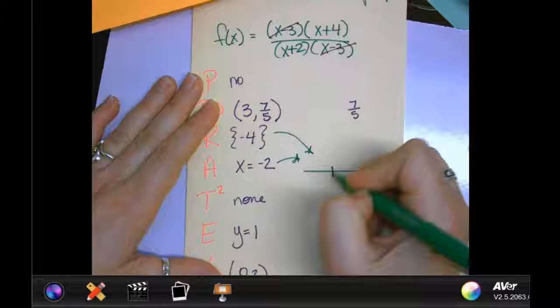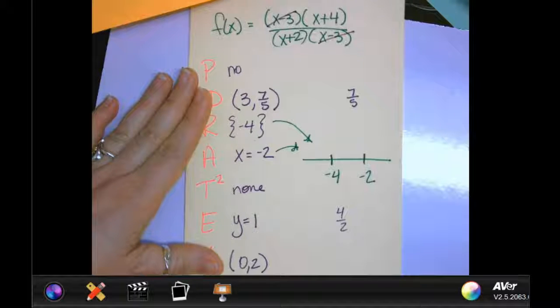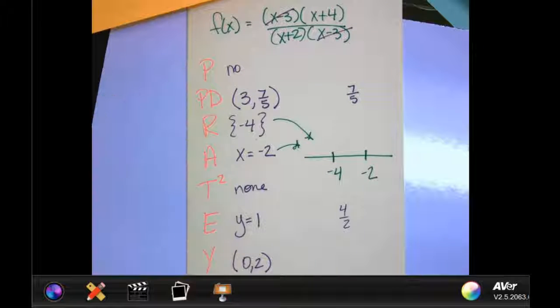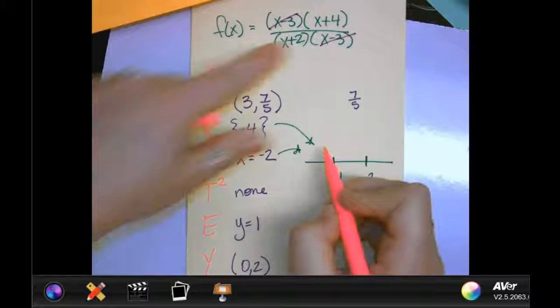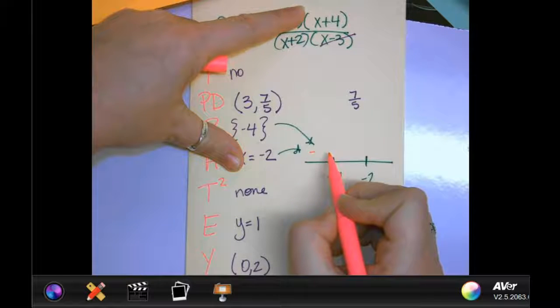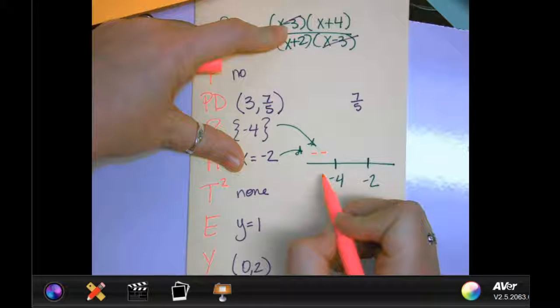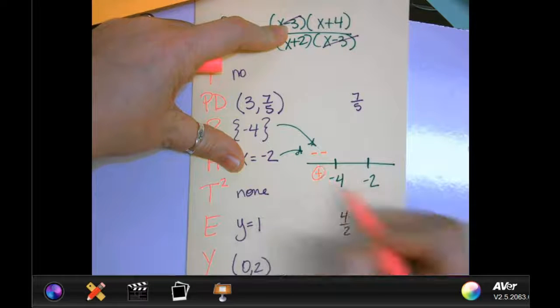So I'm here at -4, and at -2. And then I do my sign thing, right? If I plug in a -5, that's going to give me negative over what? Negative? You agree with that? So negative over negative gives me positive.